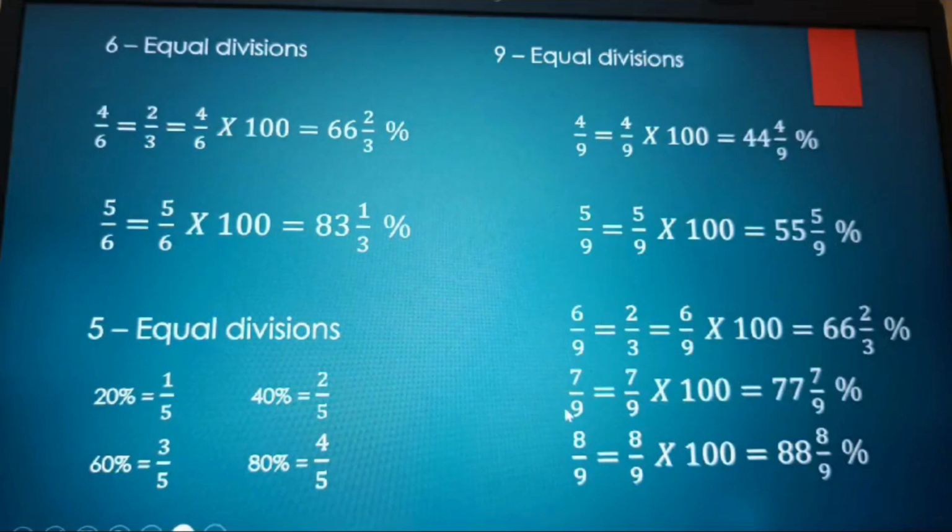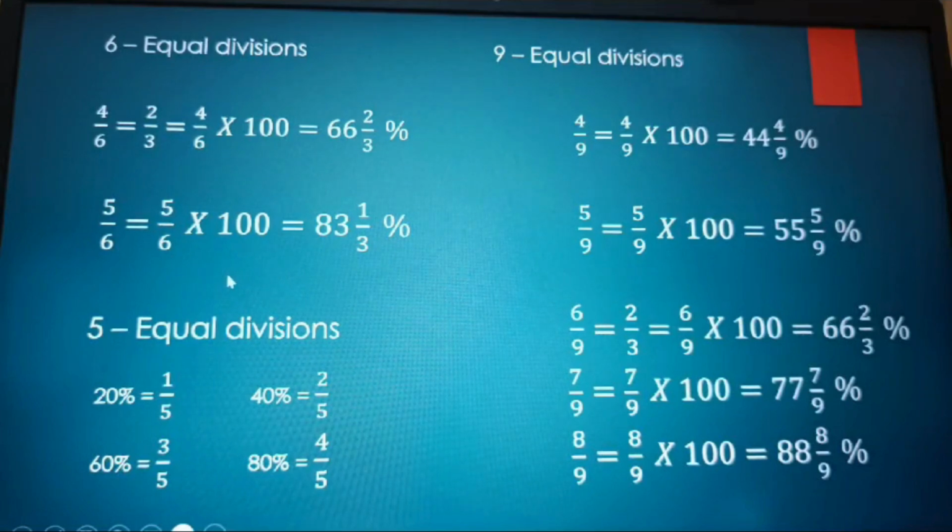And 7 by 9 equals 77 7 by 9%, 8 by 9 equals 88 8 by 9%. So the last ninth part equals 100%, and the sixth part equals 100%, so 1 is always the fraction 1 by 1 equal to 100%.